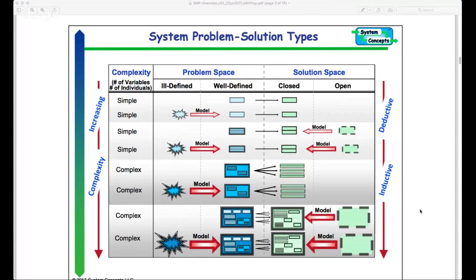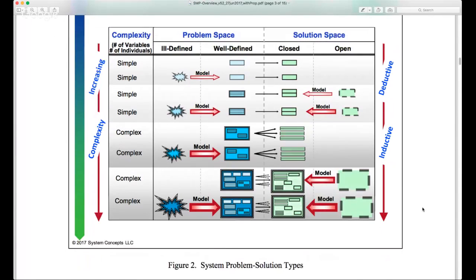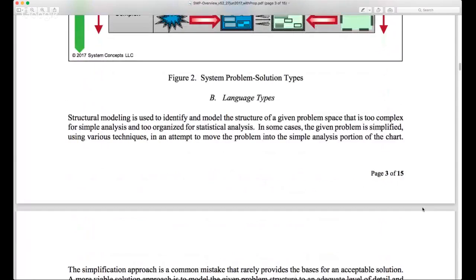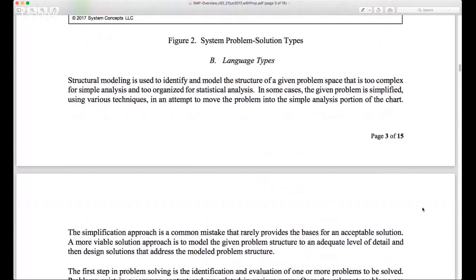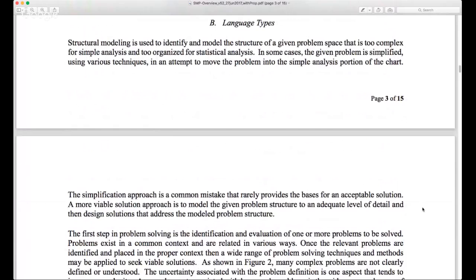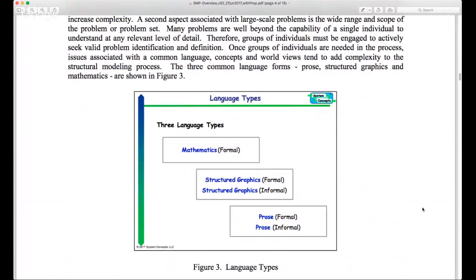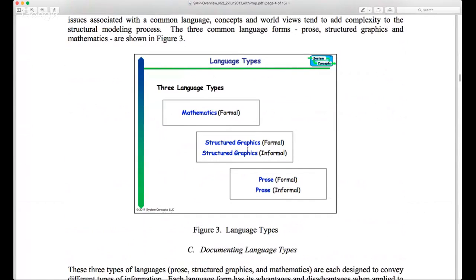Okay, so I need to find the right screen. Here we go. And of course, then we go from problem solution types to language types. These are, again, the 3 language types that were put together by Warfield and discussed by Warfield, which are the mathematics, the formal language, and structured graphics, which can be formal or informal.